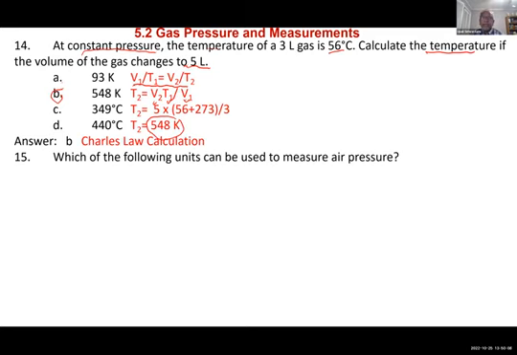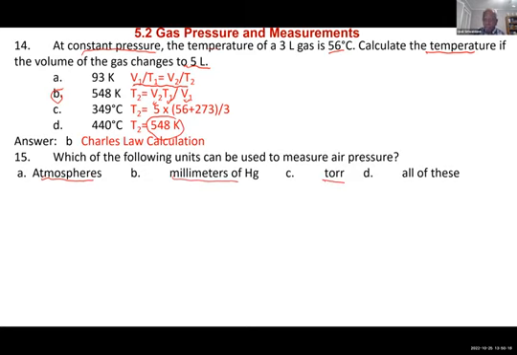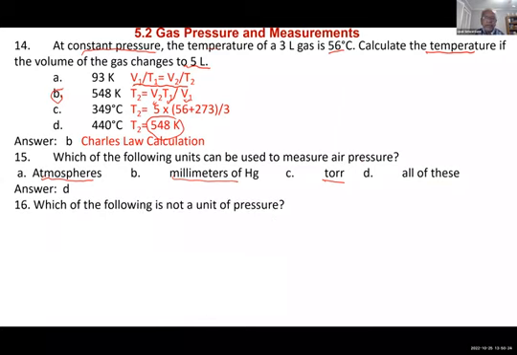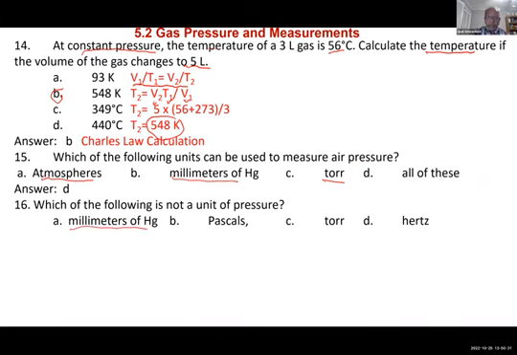Which of the following units can be used to measure air pressure? All these: ATMs, millimeters of mercury, torr, all are used. Answer is D, all. Which of the following is not a unit of pressure? Millimeter of mercury is a unit, Pascal is the SI unit for pressure, torr is another unit.